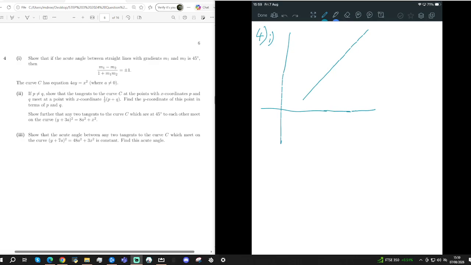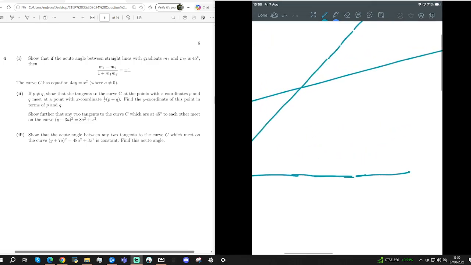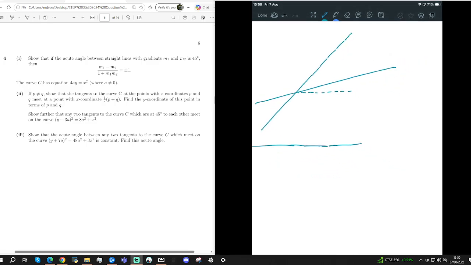with the positive x-axis. So if I draw myself two lines and I put in a positive x-axis here, if this first line is, let's say, y equals m1x plus c1, taking a hint from their notation, I've just put a c1 and a c2 on. We've been told that this angle here is 45 degrees, but I'm also going to label this angle as theta 1 and this angle as theta 2.